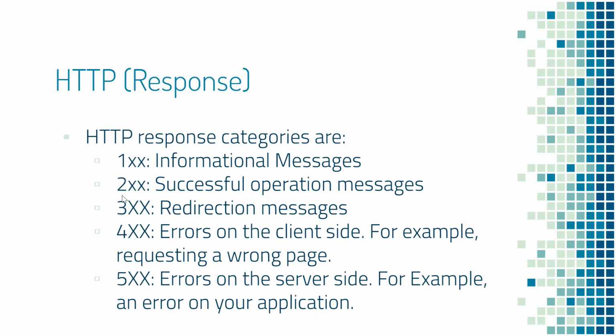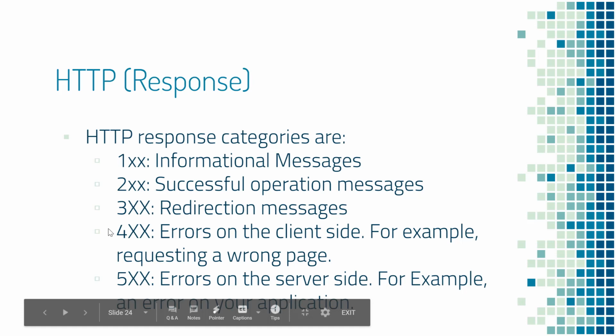If we have a response message that starts with 3, that means it's done, but there is some redirection that the client should do. Let's say we are trying to reach a resource, but this resource has been moved from one location to another location, then the response should have this kind of response.